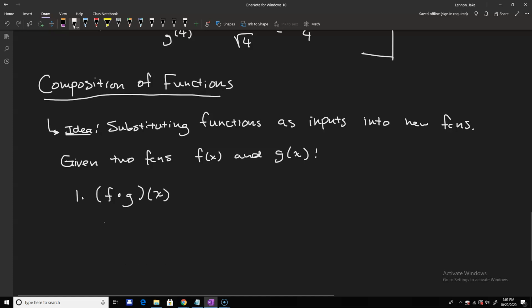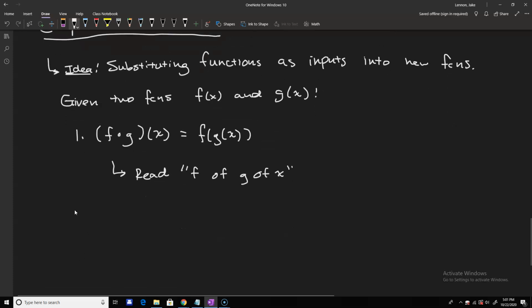That's how this is read: f of g of x. And that's not multiplication, that means compose. So that means what we do is we take all of g and we plug it in as the input of f.